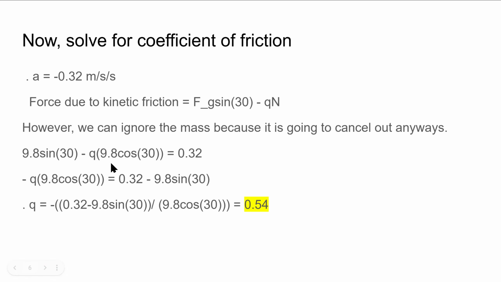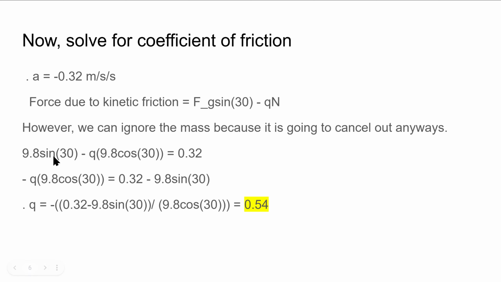So that leaves us with 9.8 times the sine of 30 degrees minus our coefficient of kinetic friction times 9.8 times the cosine of 30 degrees equals our acceleration up here, which we're really just looking for the magnitude here. The negative sign is only really up here to tell us the direction in which way the acceleration is going, so it doesn't really matter down here.